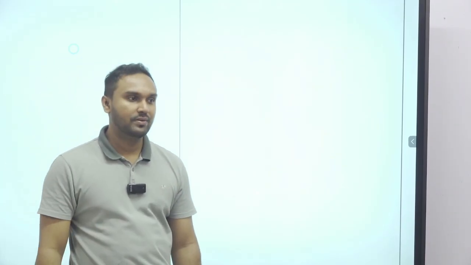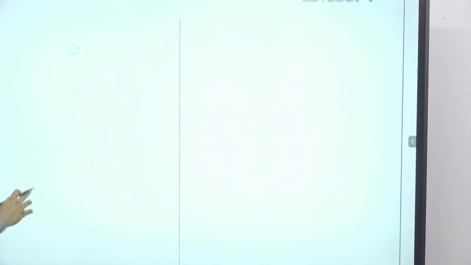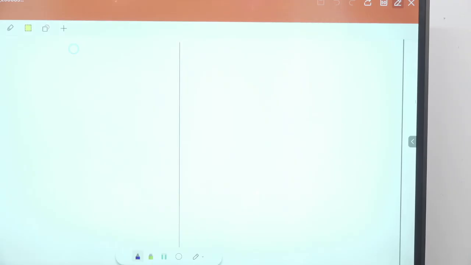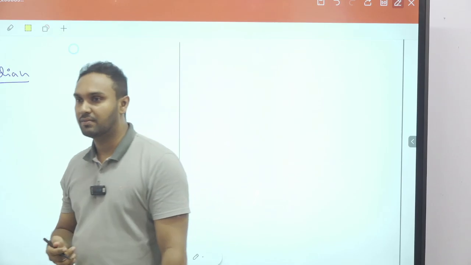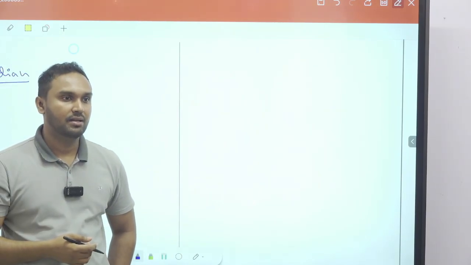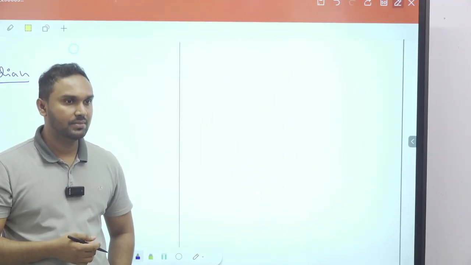Yes. Radian is S over R. Radian, not radius. Radian is one of the measuring units which is used to measure angles apart from degrees.